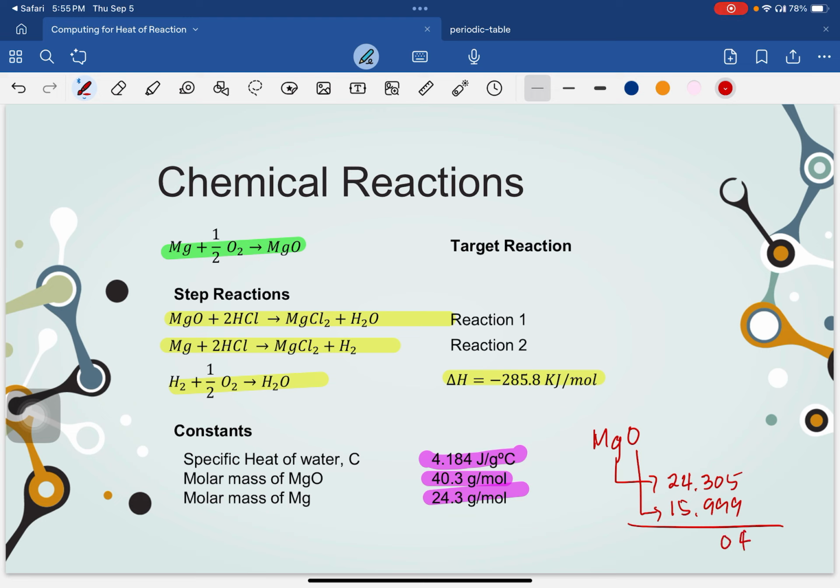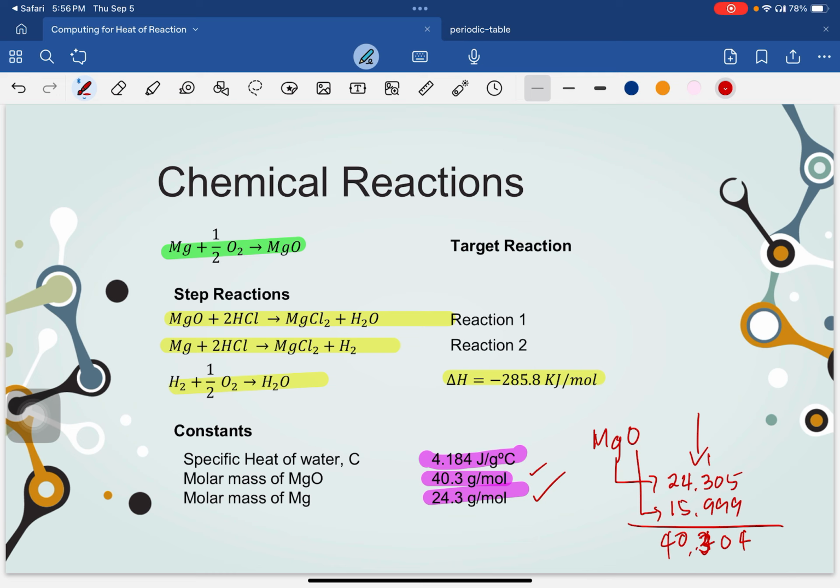So that's where it's coming from. And then 24.3 because at the onset it was already 24.3. So given all this information, we'll be able to solve for the target heat of reaction.